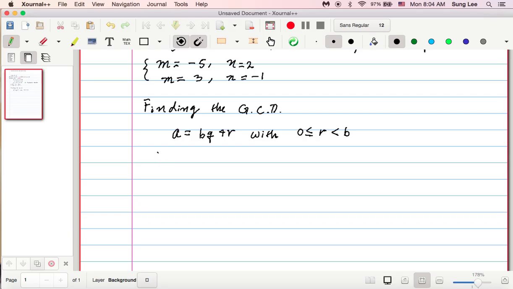Let c equal the greatest common divisor of a and b.